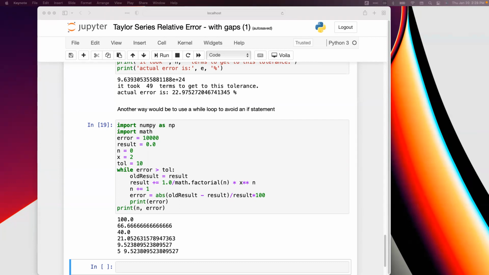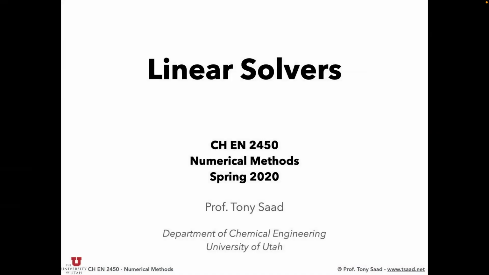So this chapter is potentially perceived as one of the most challenging, because there's a lot of ground to cover. There's a lot of ideas that we need to absorb, and there's a lot of programming.